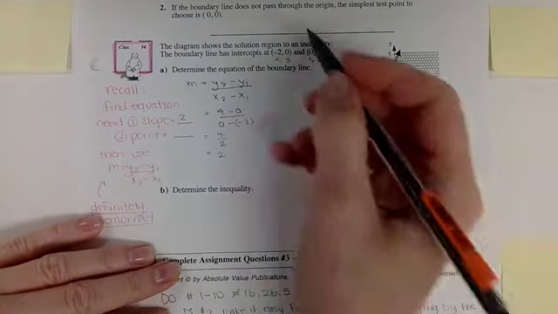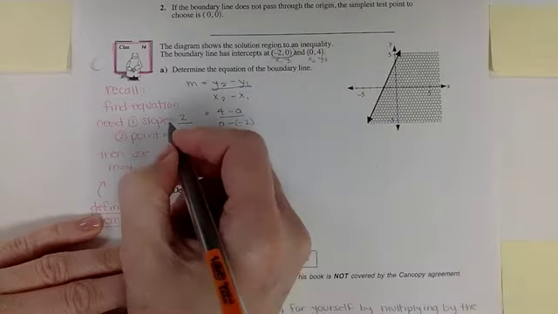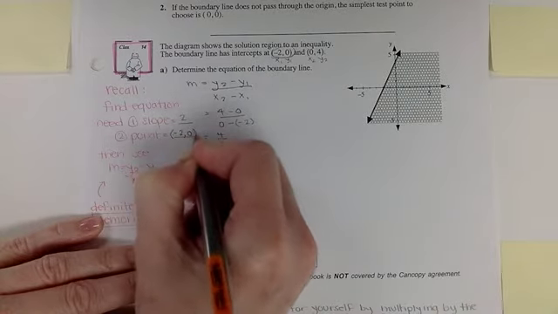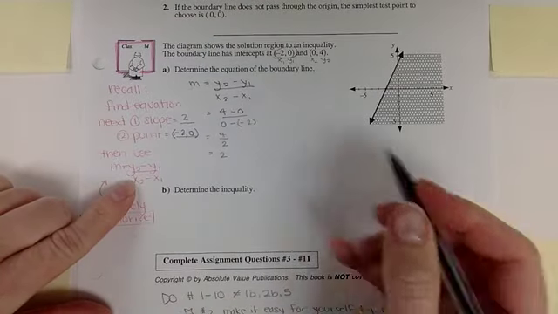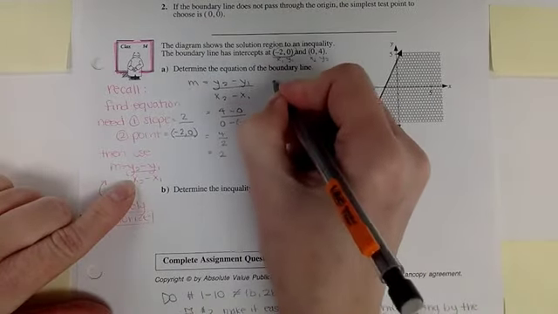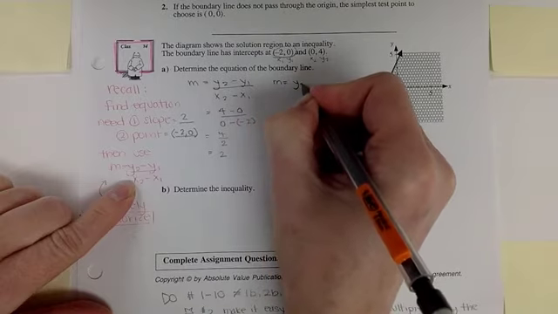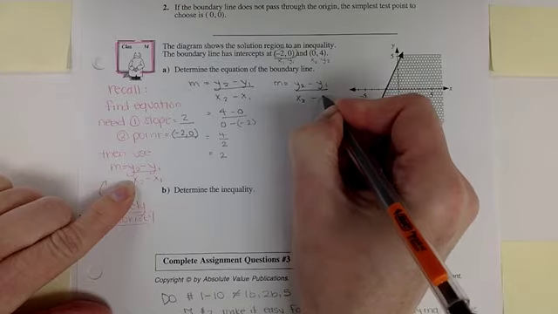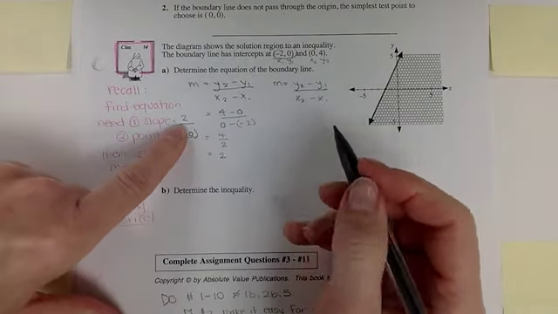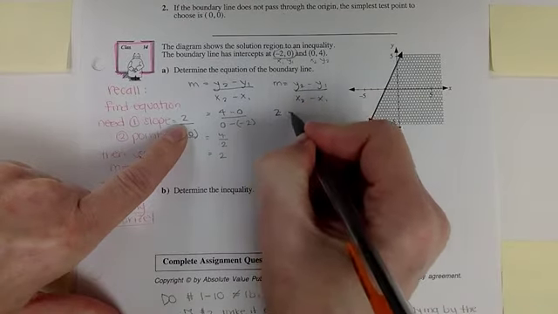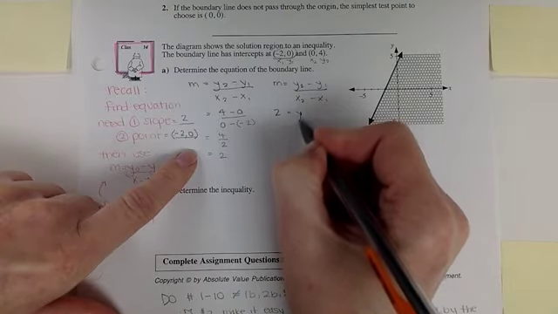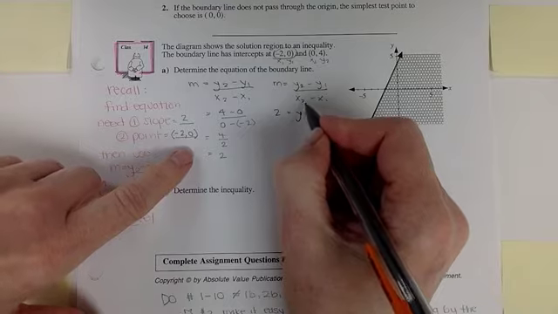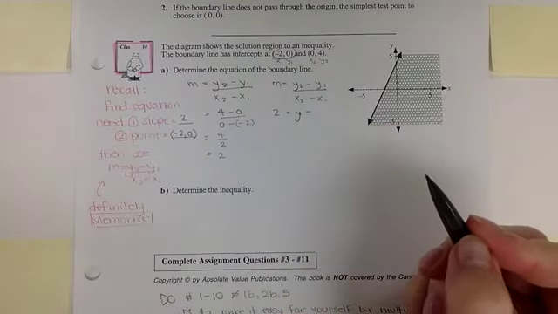Point, I've got 2 of them. I'm going to choose one. So I think I will choose that one just for fun. So -2 and 0. And now I'm going to use this equation again. So m equals y2 minus y1 over x2 minus x1. And input my information. Slope is 2. And I've got y. You leave the y for the y2 part because you need an x and a y in the equation.